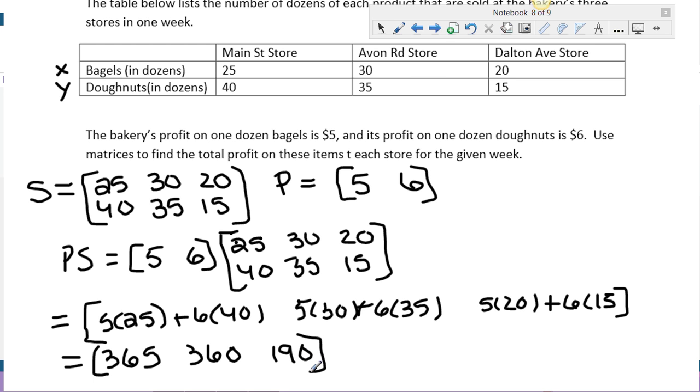So what does that mean? It means that our main store is going to have a profit of 365. Our Avon store is going to have a profit of 360. And our Dalton store is going to have a profit of 190. So that's what that means.